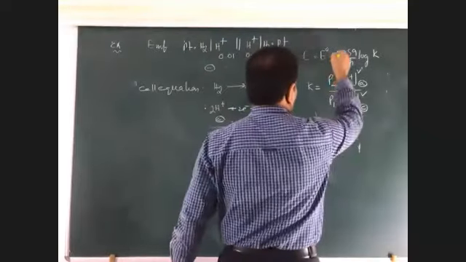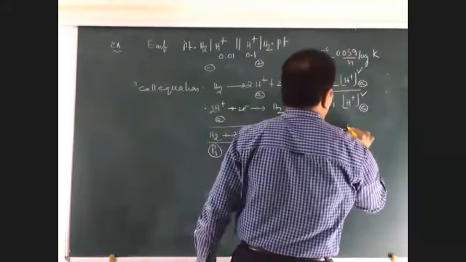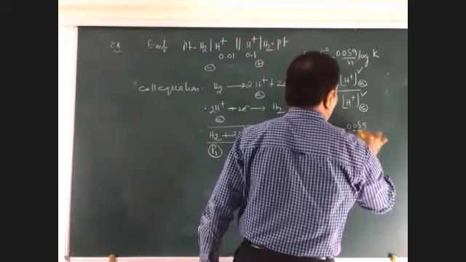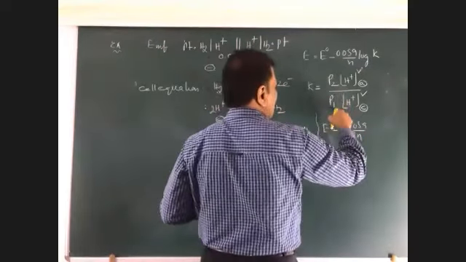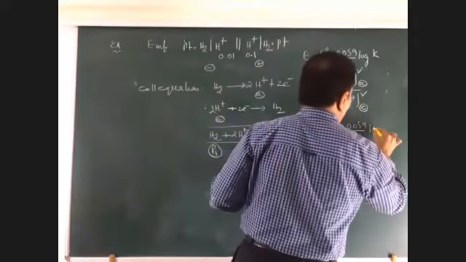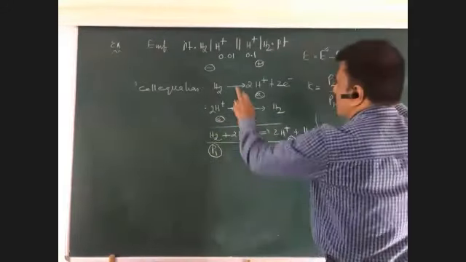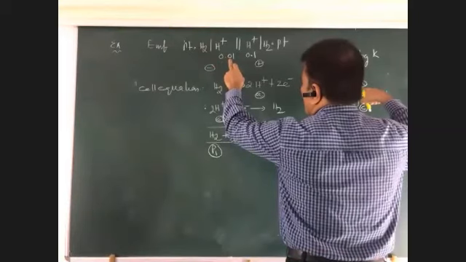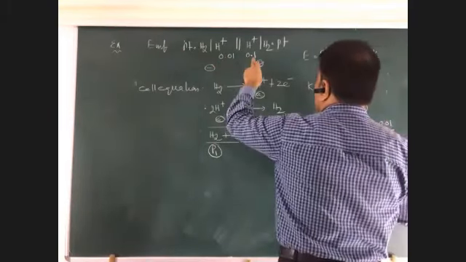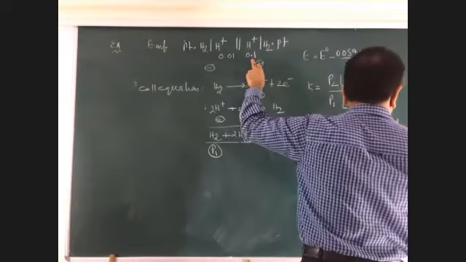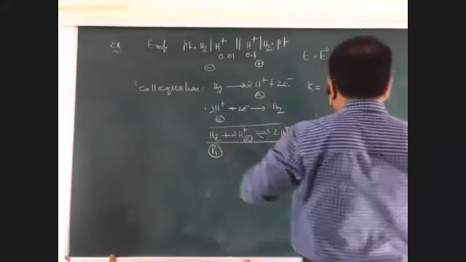Therefore, this entire value becomes 0 minus 0.059 by n into, if pressures are same, then you can ignore it, into log anode concentration. How much? This is anode 0.01 by cathode concentration 0.1, that is a square.